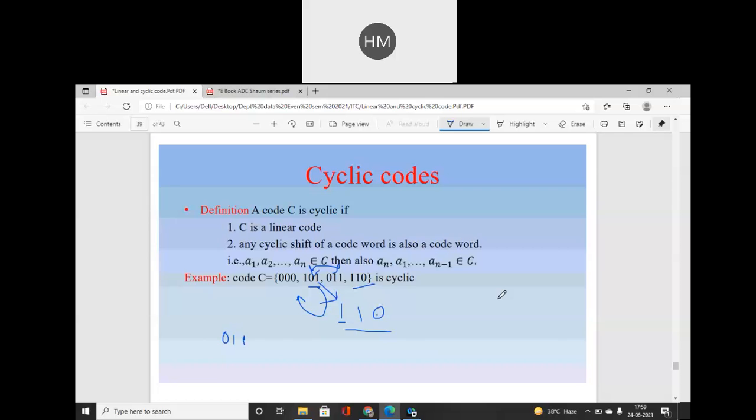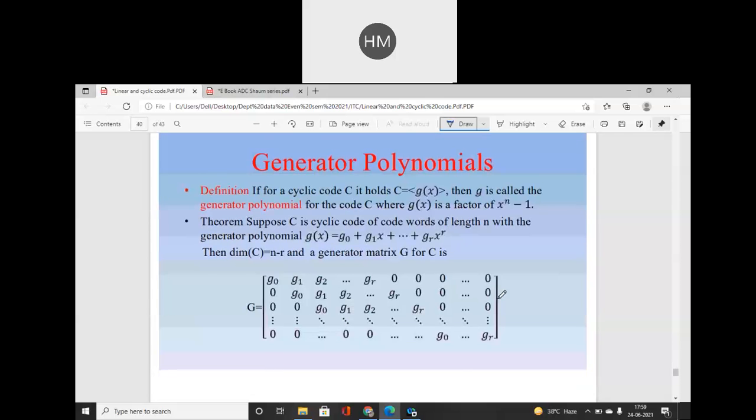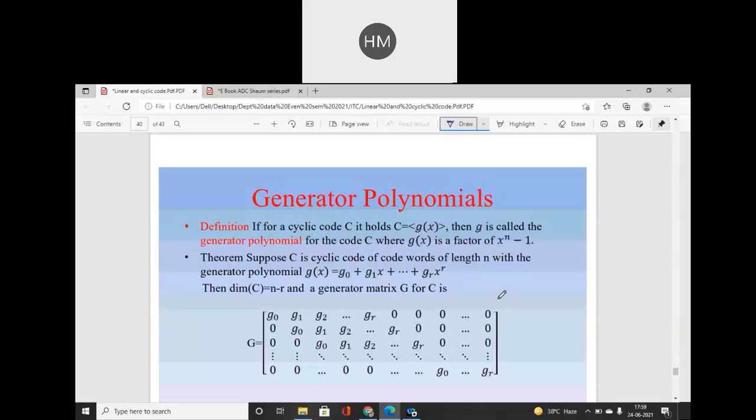Moving ahead, see, this is the generator polynomial. You can write down, if for a cyclic code C it holds C equals G of X. It will not be generator matrix here; what will it be? Generator polynomial. Cyclic codes are a subclass of linear block codes, so the majority of things will change, as the way to represent this code will be different.